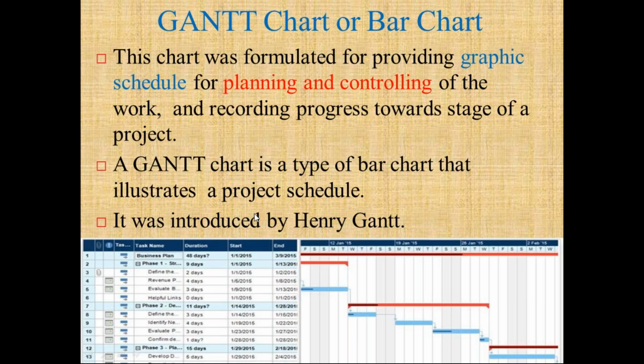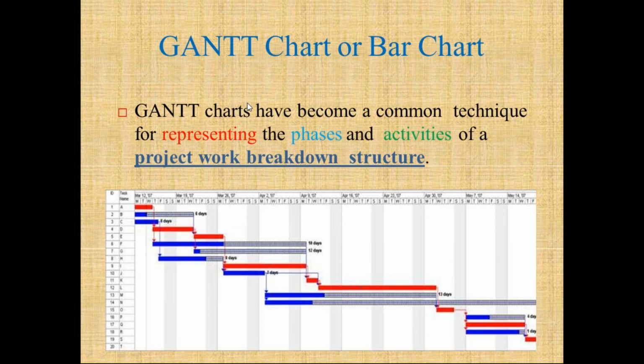It was introduced by Henry Gantt. You can see that there are various bars in this. There are various activities on the graph we can see over here. So Gantt charts have become a common technique for representing the phases and activities of a project work breakdown structure.